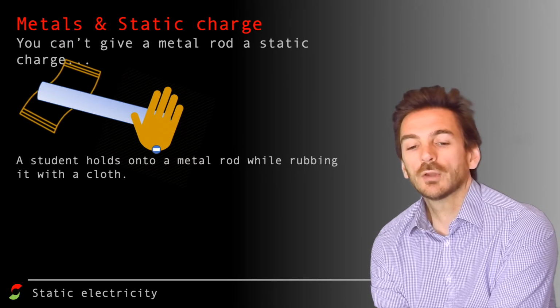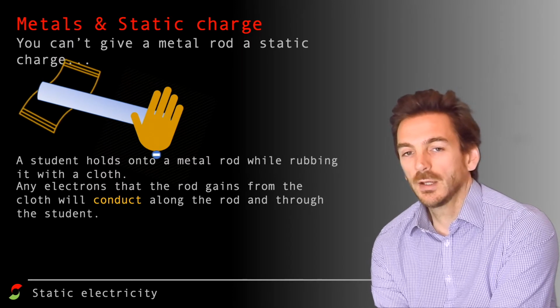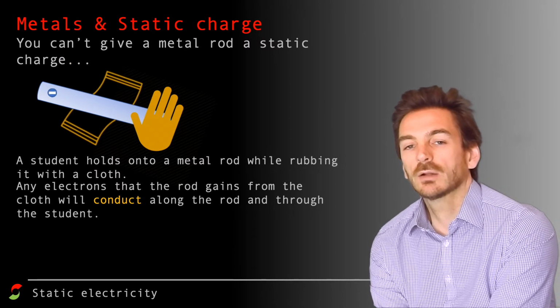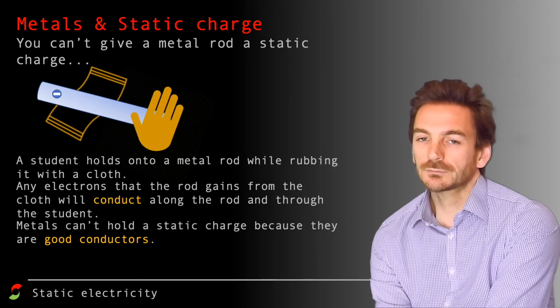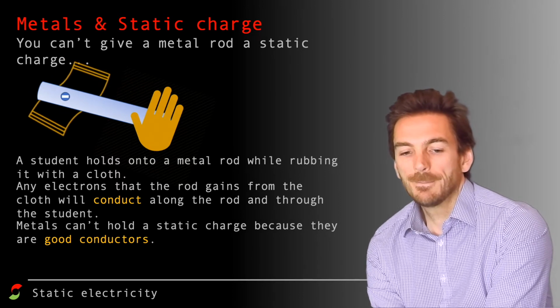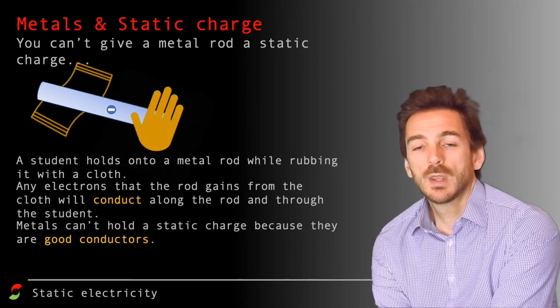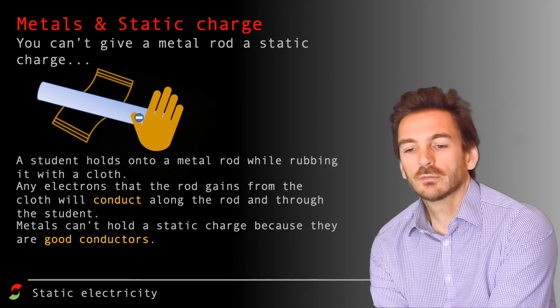So there's no build-up of static charge. It's because of this word conduct. Metal rods allow electrons to conduct and flow. So they can't hold a static charge while you're holding onto them and rubbing them, because metals are good conductors.